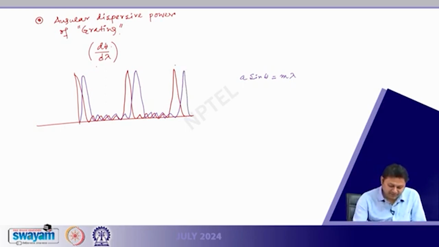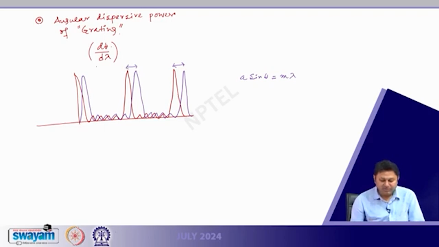So, that means there is a shift of this principal maxima, whatever the maxima we have, and that shift is expected because I am dealing with another wavelength. Both the wavelengths are obeying this equation.